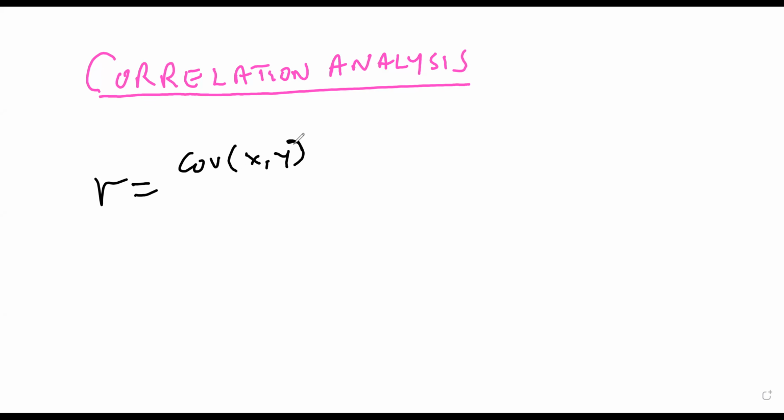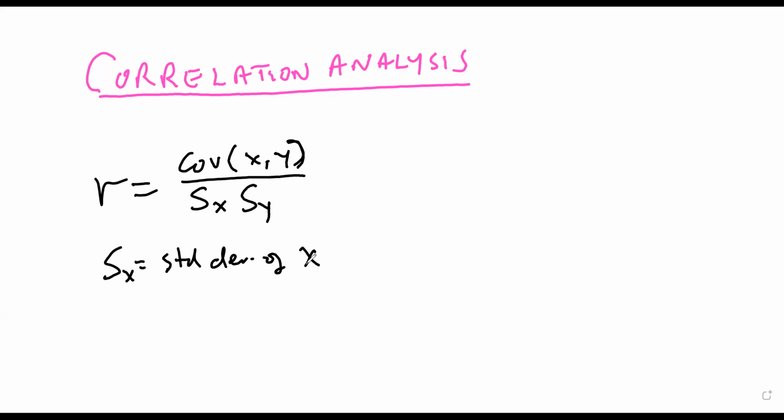The covariance of X and Y divided by, in short, you can say S of X multiplied by S of Y. Okay, where S of X is the standard deviation of variable X. And we all know how to obtain standard deviation.